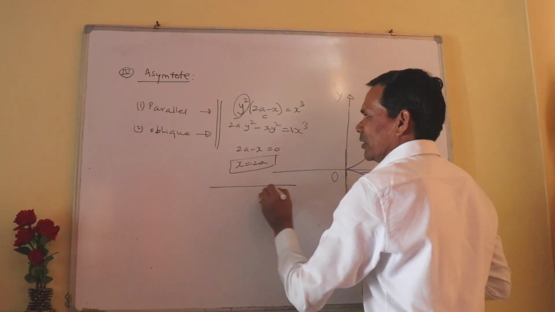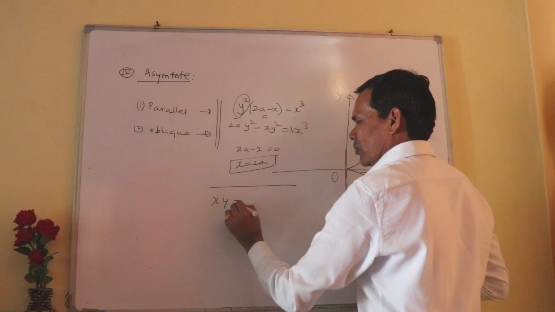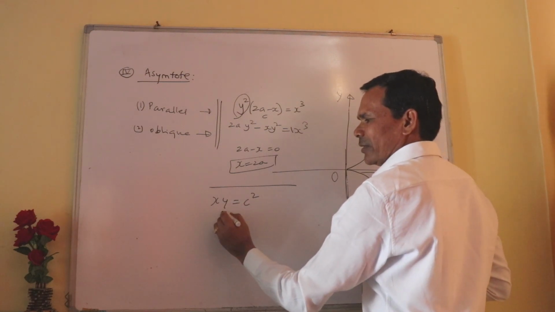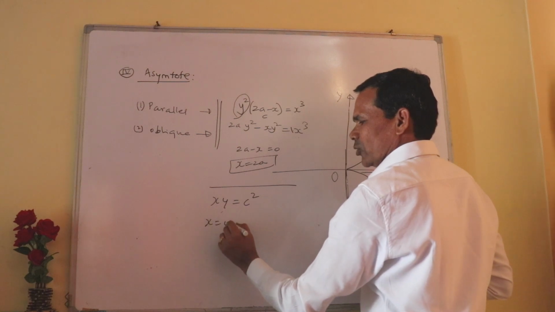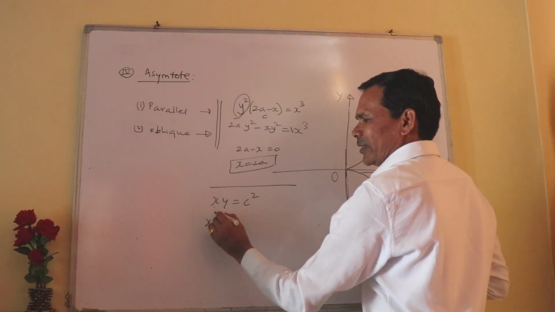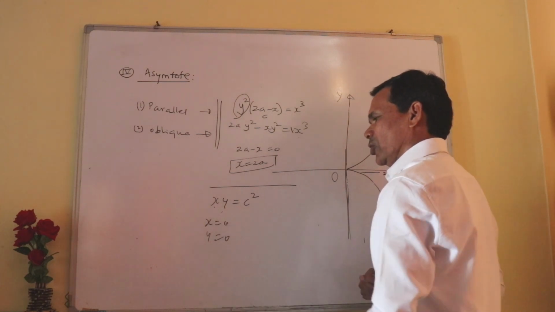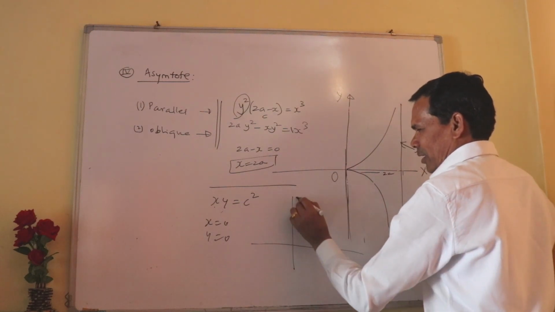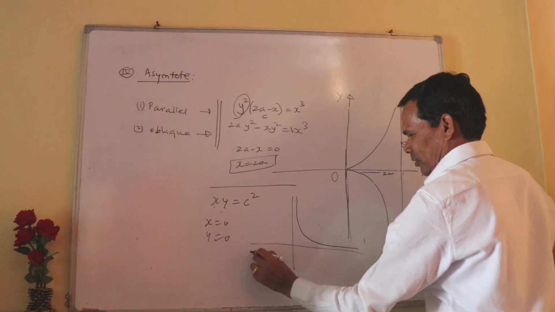Similarly, if I consider the equation xy equals c square, then the coefficient of the highest degree term in y is x, equated to 0, and the coefficient of the highest degree term in x is y, equated to 0. So there are two asymptotes for this particular curve, and it looks something like this.